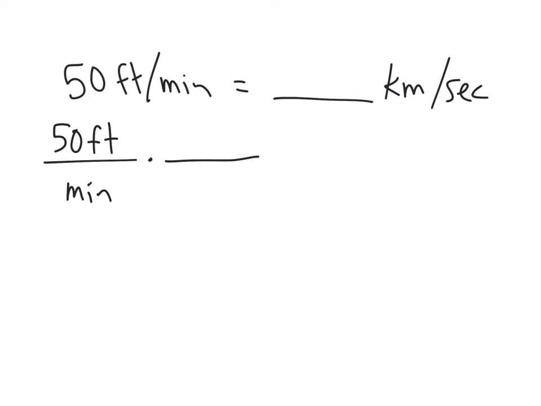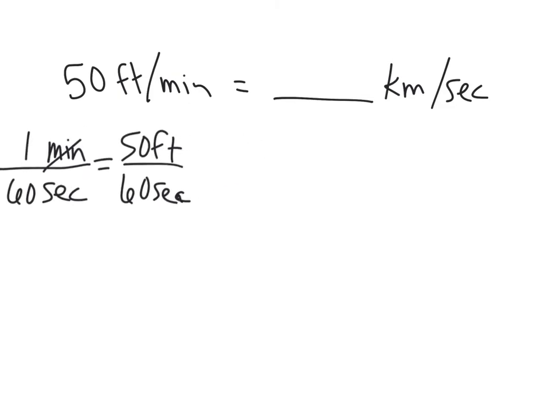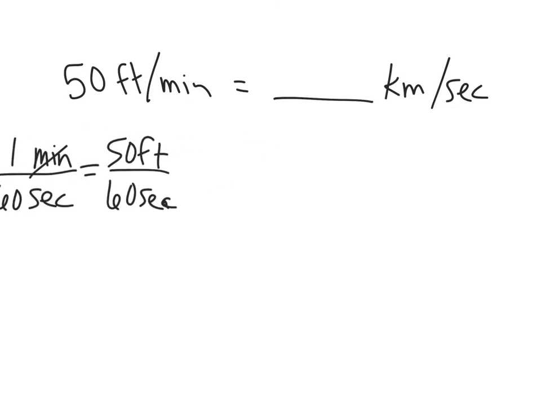First of all, probably an easier conversion would be to convert minutes to seconds. So 1 minute is 60 seconds. And again, you can reduce that down if you want, or you can just leave it alone for now. So 50 feet in 60 seconds.